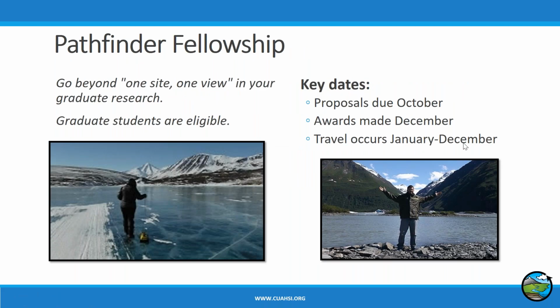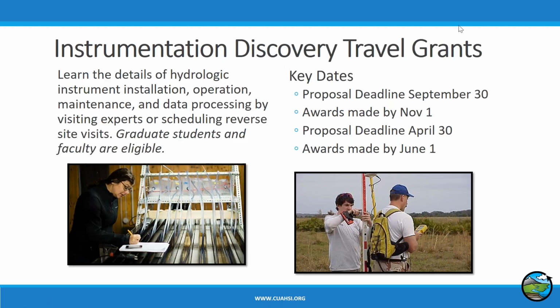Graduate students are eligible for the Pathfinder Fellowship. You have to get your proposals in by October, and then you'll find out around December if you were selected. And it's obviously very cool based on the pictures. We provide instrumentation discovery travel grants, which is the opportunity to get out in the field and learn the specifics of different types of instrumentation and the like.